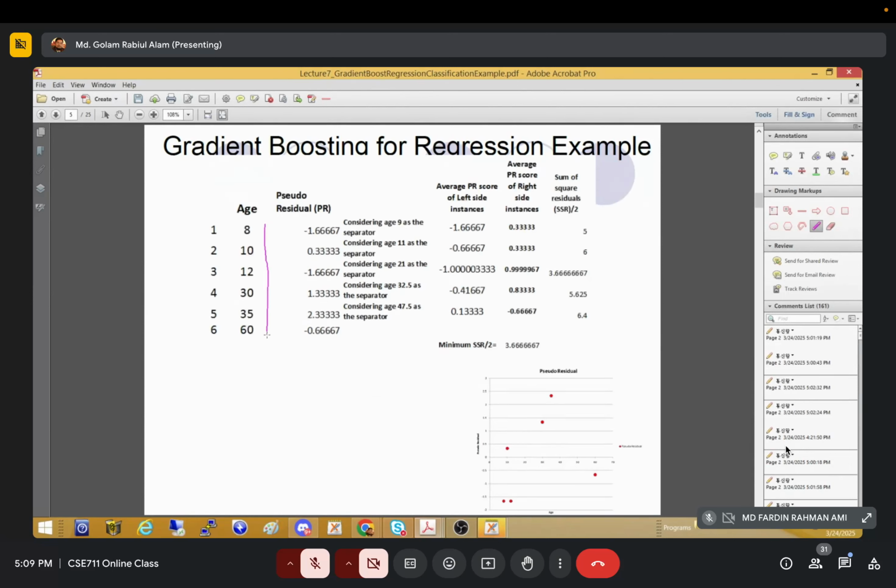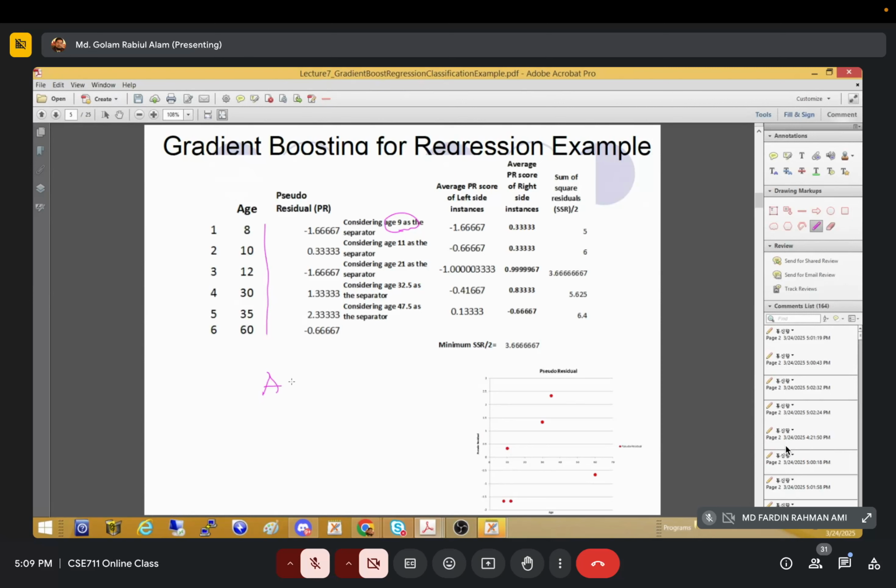Like, if we consider 9 as the separator, so age less than 9, you can consider less than or equal also, then what will we get?